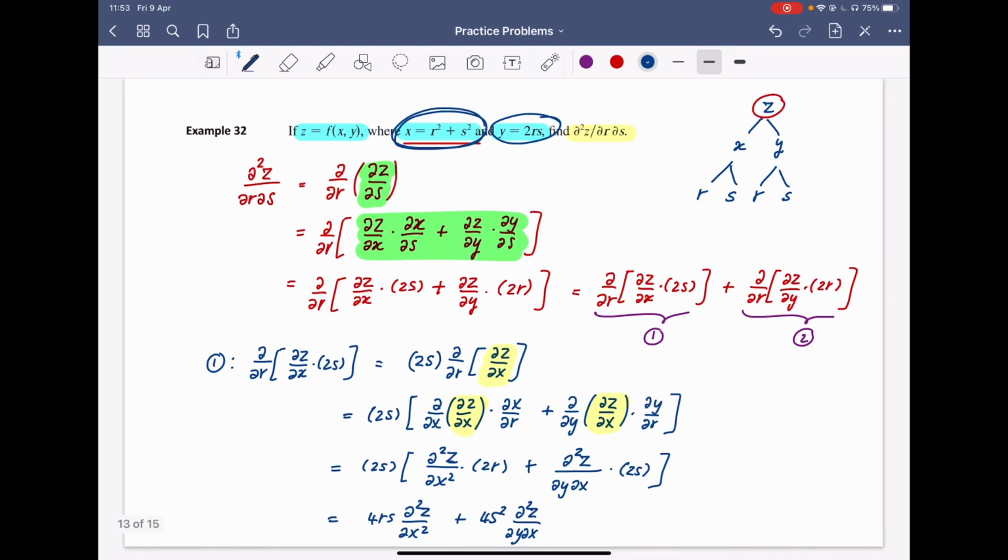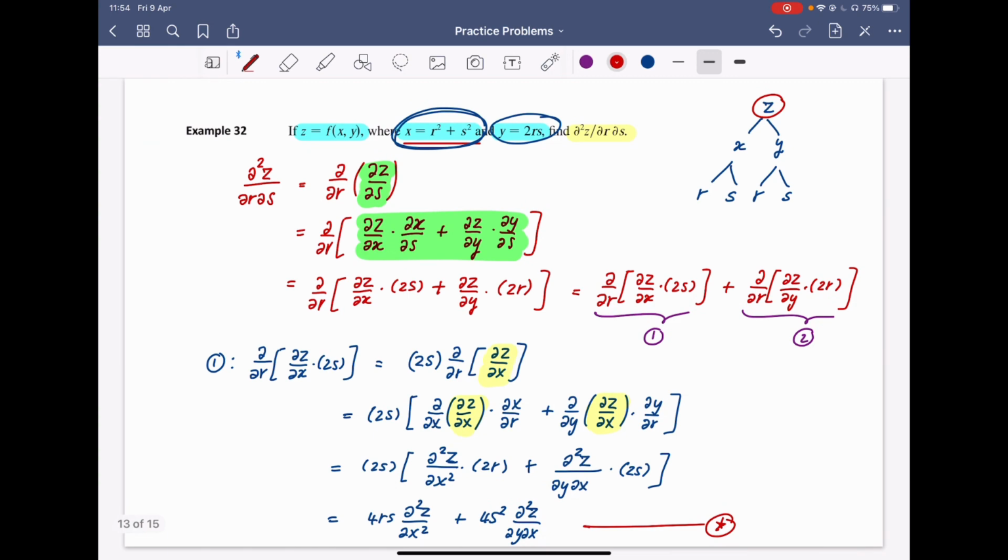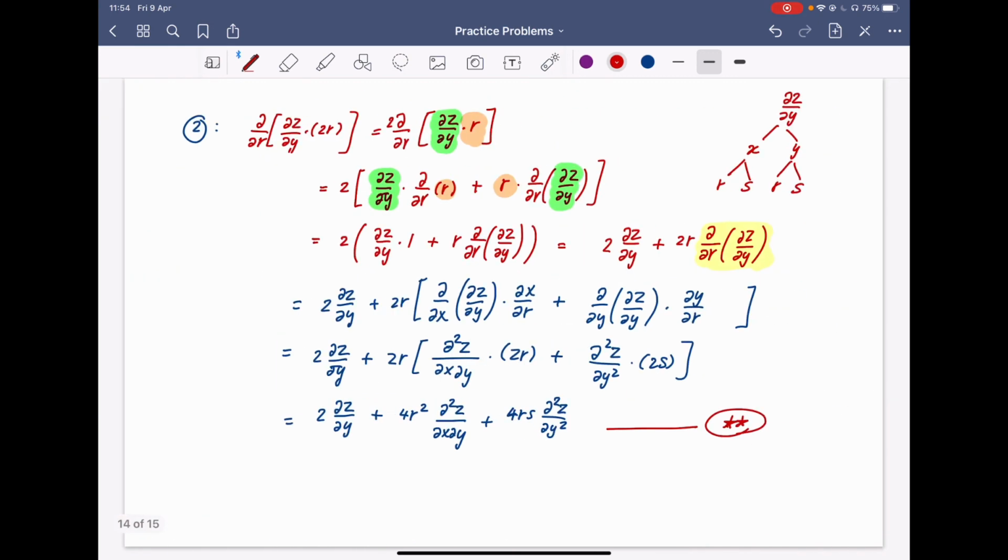Once you add up number 1 here and number 2 over there, once you add them up together, that will be your answer. So the final answer is 1 and 2. Add them up together. Well, that is all.